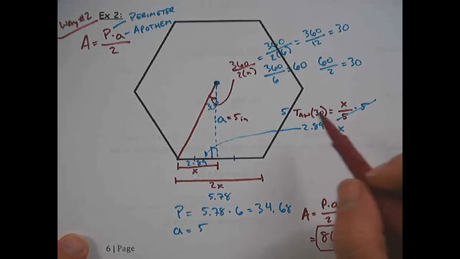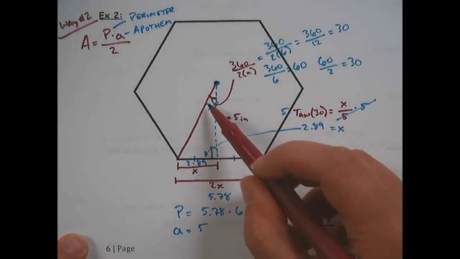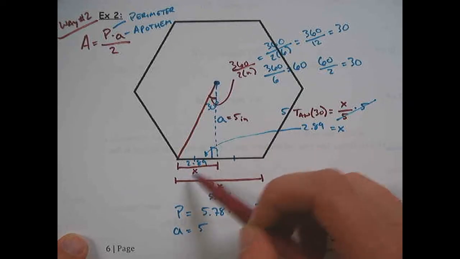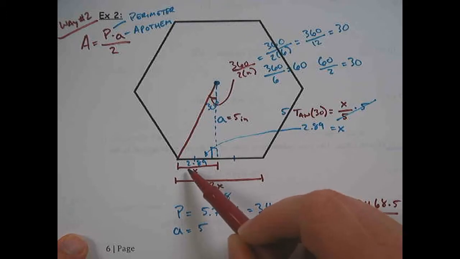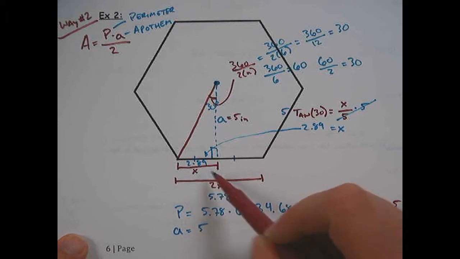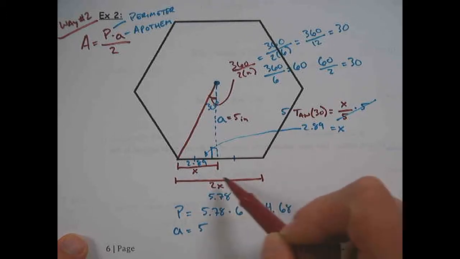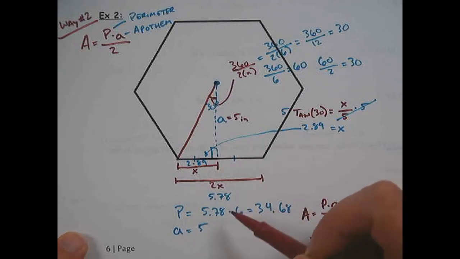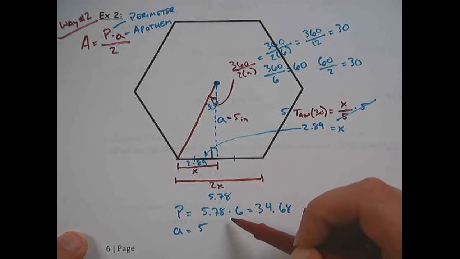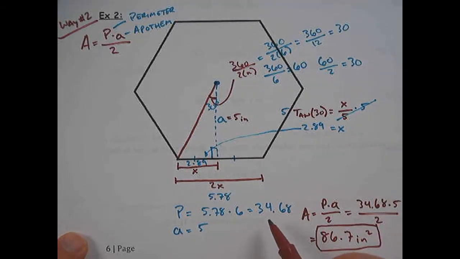Then we did tangent of 30 equals opposite over adjacent, so x over 5. So we found that our missing side, x, was 2.89. We multiplied that by 2 to get the length of the whole side. We took that and multiplied by 6 to get the perimeter, because there were 6 sides. And then we used our equation perimeter times apothem divided by 2 to get our area of 86.7.